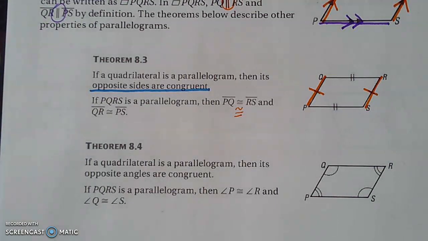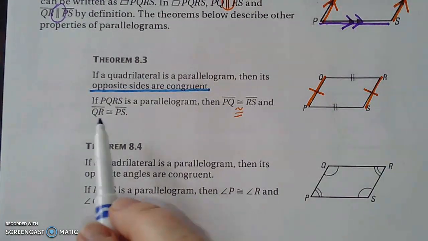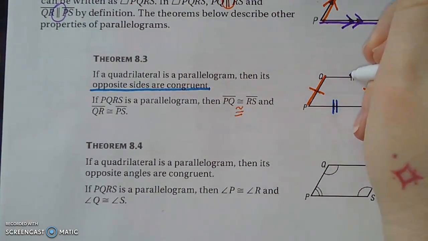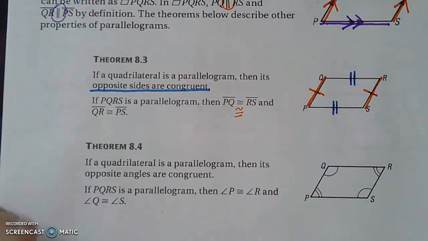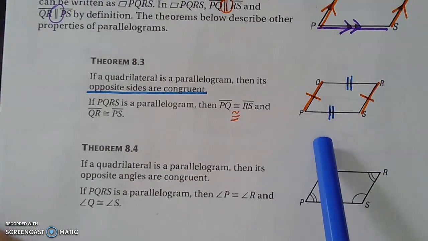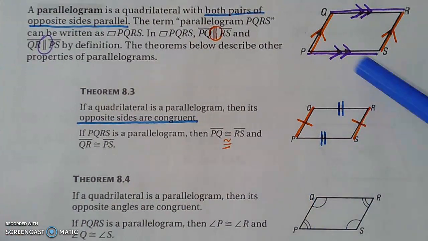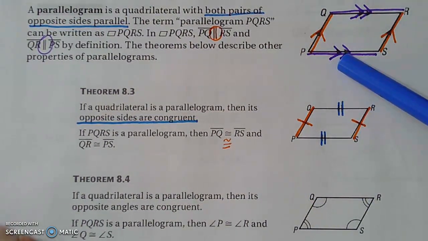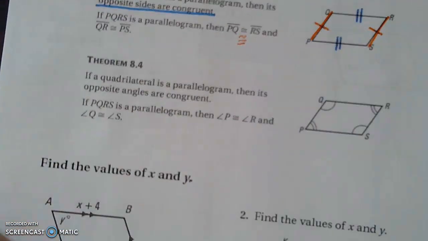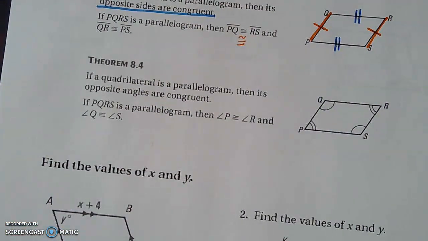And if you look on the opposite side, QR and PS, there are two tick marks here and two tick marks there. So that is showing me that those sides are also congruent. So for a parallelogram, the opposite sides are parallel to each other as well as congruent.